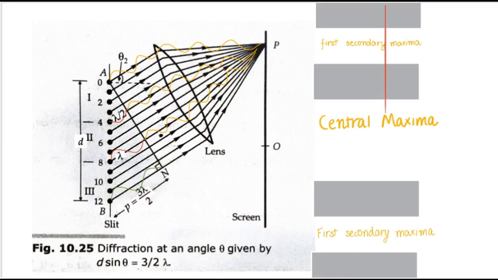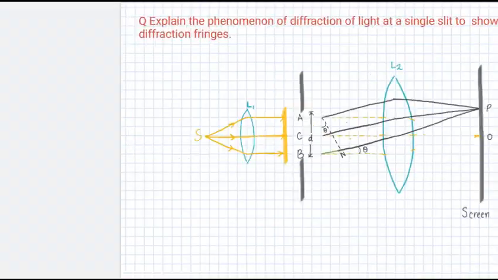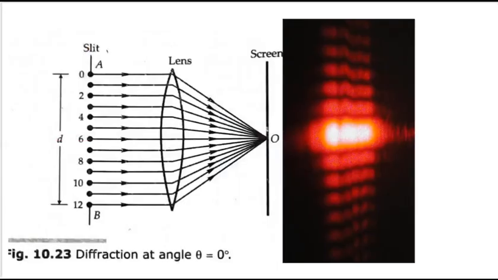Similarly in down part. Okay, so from here we have discussed how the diffraction produces your interference pattern. Okay, and one more important point. Now if you look in the case of your central maxima at this point O, all of the light are contributing.